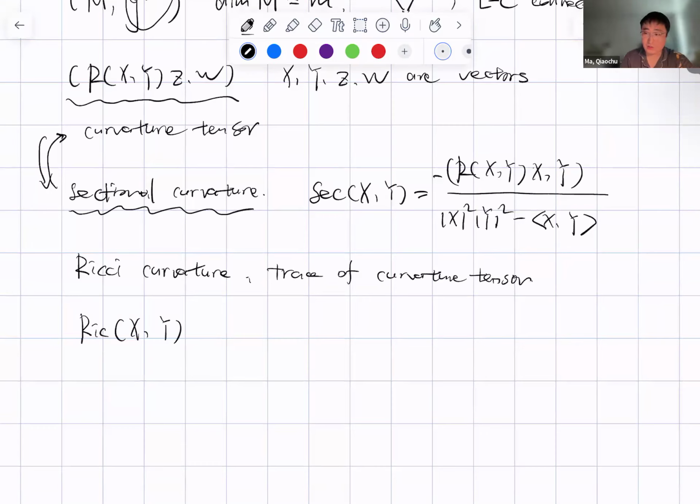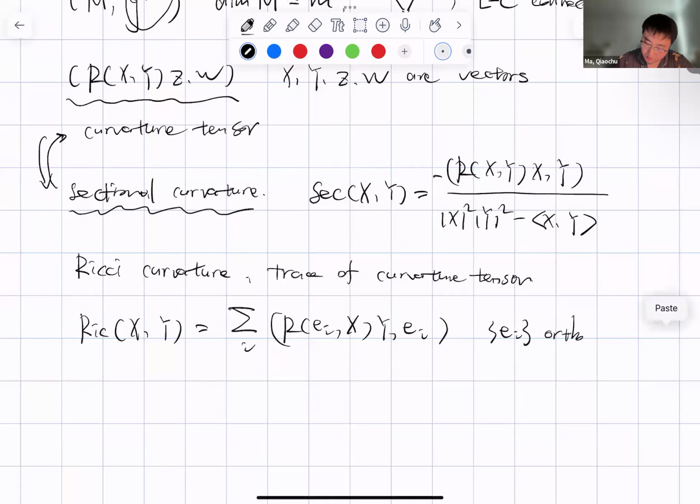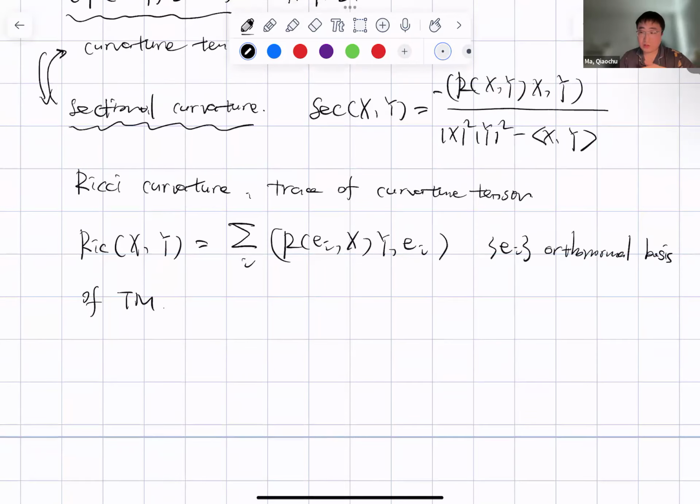You have two vectors x and y. The Ricci curvature is given by the trace, the summation over e_i, where e_i is an orthonormal basis of the tangent bundle. Taking the trace of the curvature tensor, of course you lose a little bit of information.